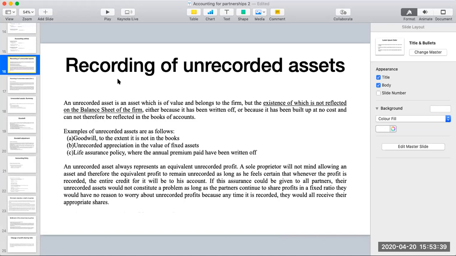Next, we will move on to a separate topic, that is recording of unrecorded assets. What are unrecorded assets? As the word implies, unrecorded assets means assets which are not being recorded. These belong to the firm, but they are not recorded in the books of accounts.